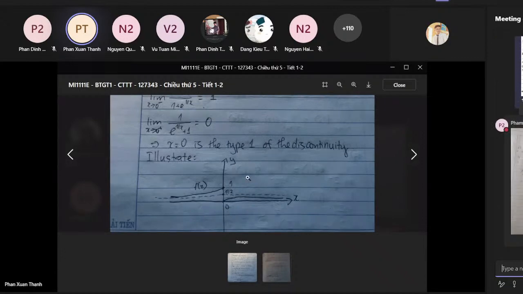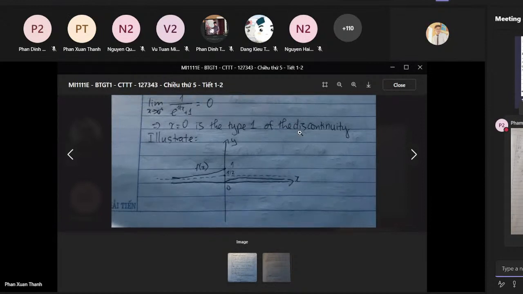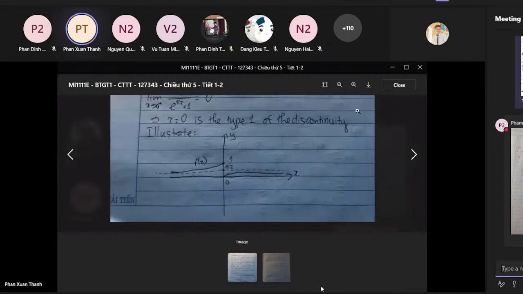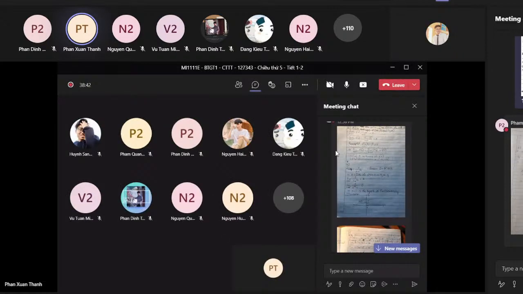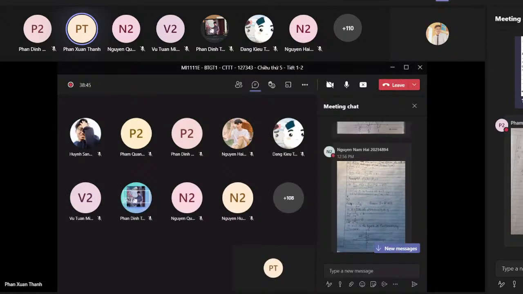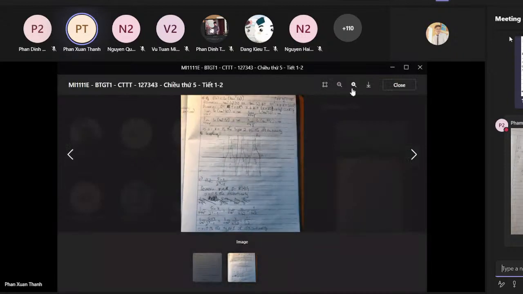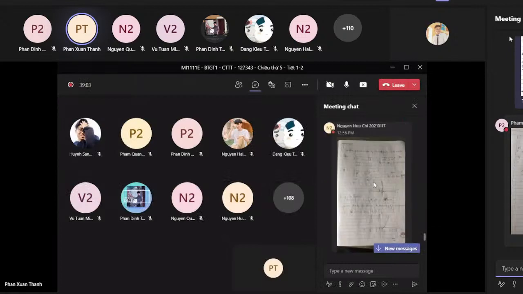Okay, that's correct solution for this exercise 14. Nguyễn Nam Hải. Any question or remark on this exercise? Okay, this is exercise B. Okay, let me check later.